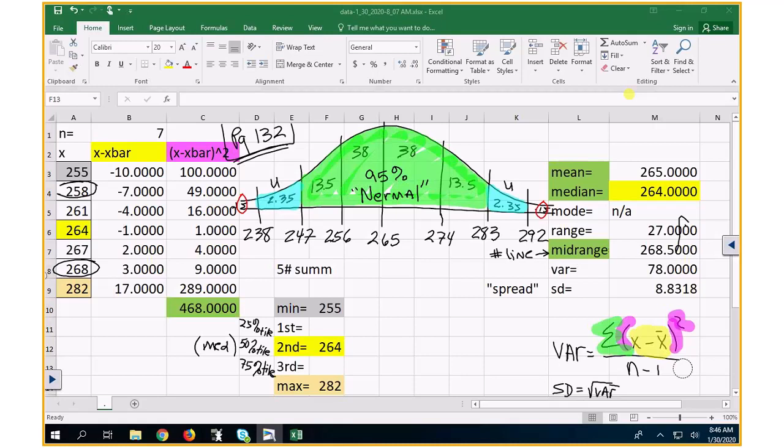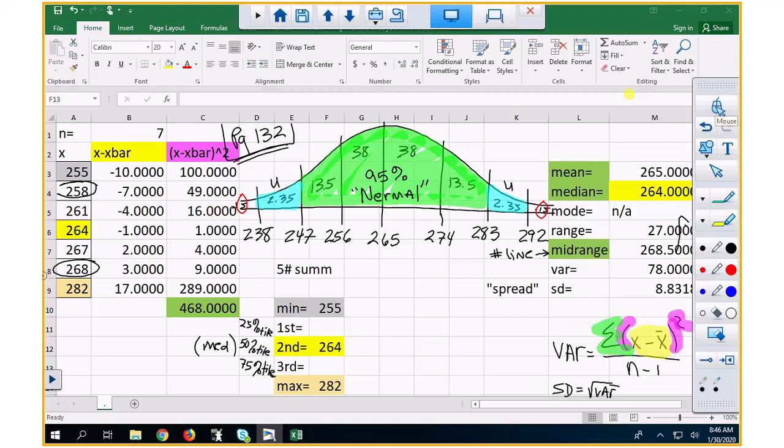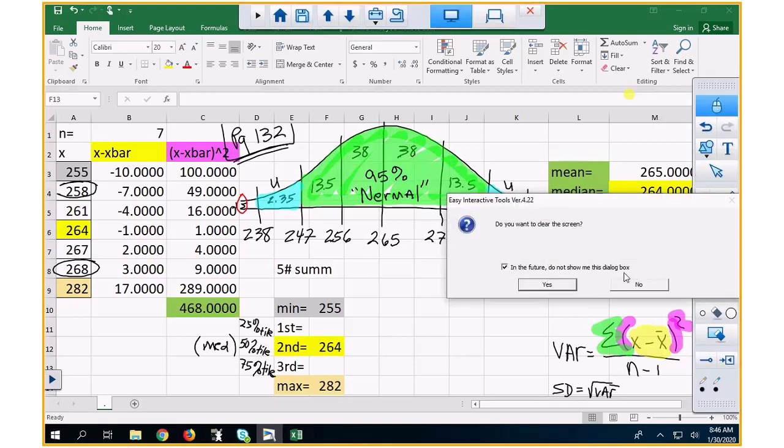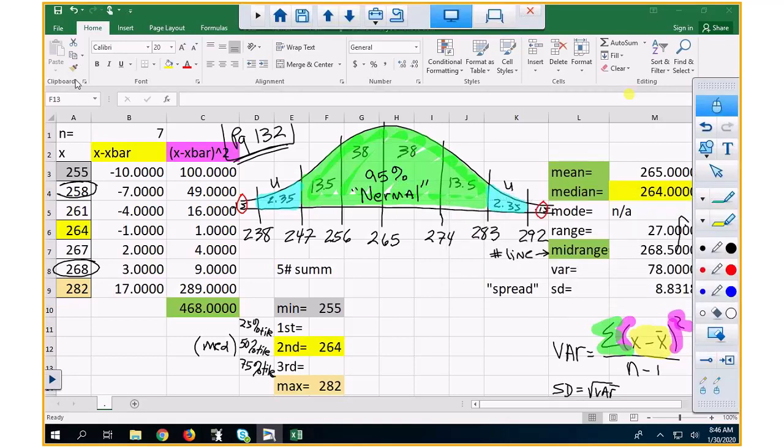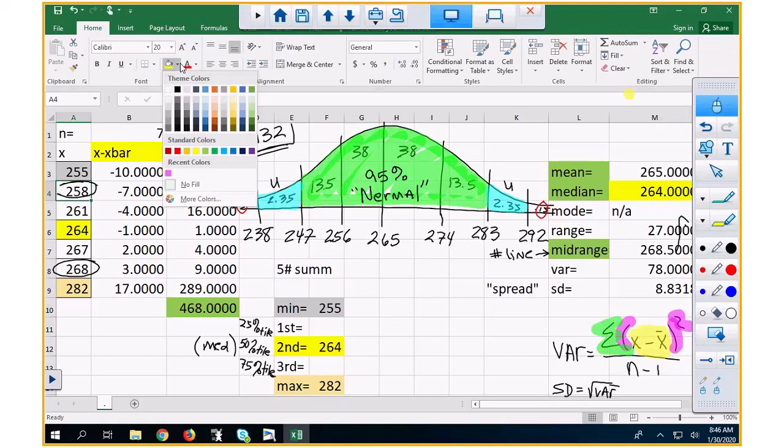So, our first quartile, I'll color that. Hold on. I got to tell it not to do it in the future. So I will color that number.